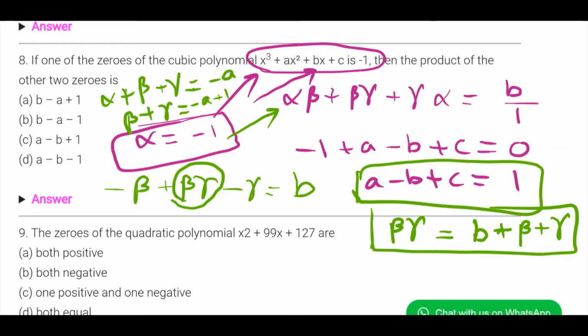In the place of beta plus gamma, we can write minus a plus 1. So beta into gamma equals b minus a plus 1. This is our required solution. Option A is the correct answer. Here it's kind of tricky and lengthy, so just be careful here.